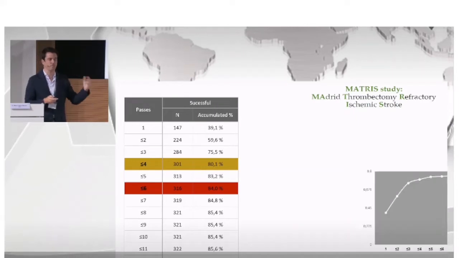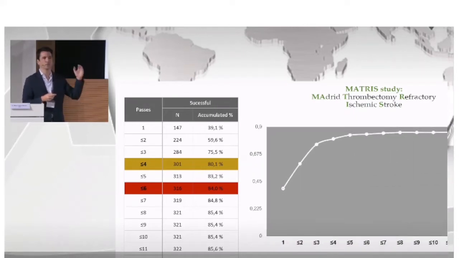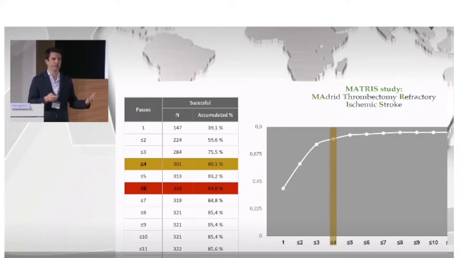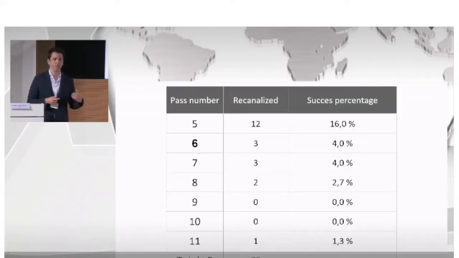And as you can see, we can place this on a figure, and it will have this kind of curve, where we can see that after the 4th pass, recanalizing the vessel is something anecdotal, and after the 6th pass, it's really strange. How strange is it after the 4th pass? Well, we have lots of patients with a 5th pass. Only 12 of them were recanalized. That's a 16% success. And then after the 6th, it goes down to 4% success in recanalization.